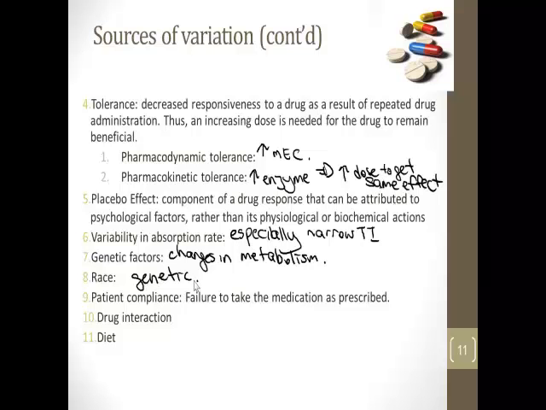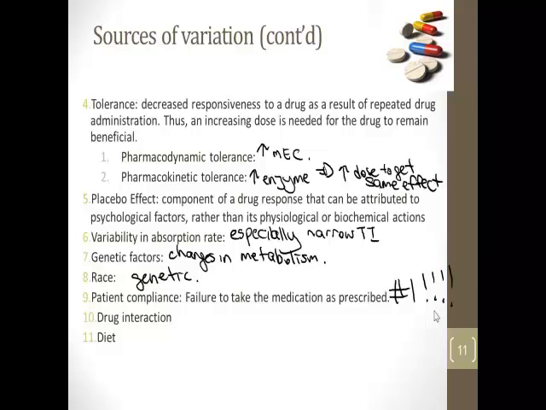And number 9 is patient compliance. Really, patient compliance is the number one factor in why a drug does not work. Usually a patient decides the drug's too expensive, they don't want to take that much drug, they forget, they lose the drug, or for some reason they don't take the drug as prescribed, and then lo and behold the drug doesn't work because they don't take it.